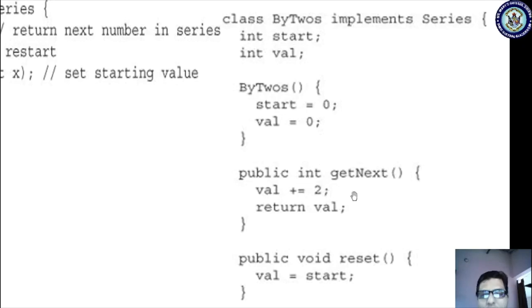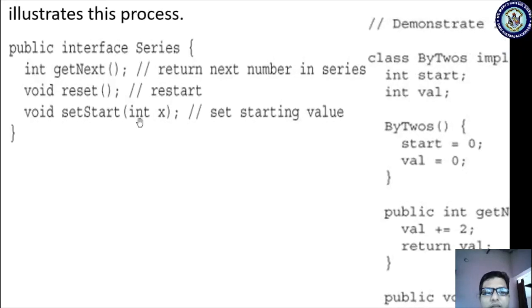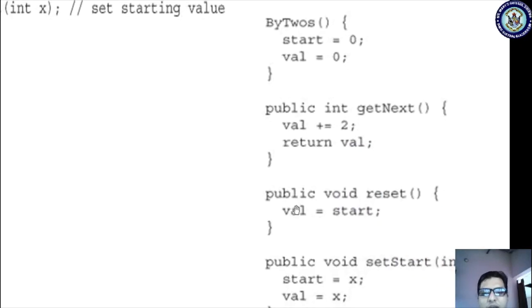So whoever calls this method gets the value returned. Now the public void reset method is declared here, and I'm assigning val equal to start. Whatever value I'm passing to start will be assigned to the val variable.